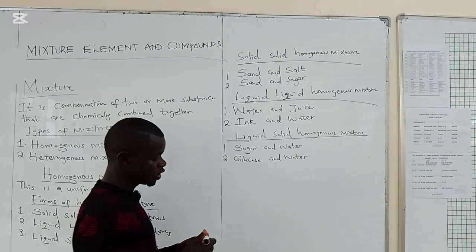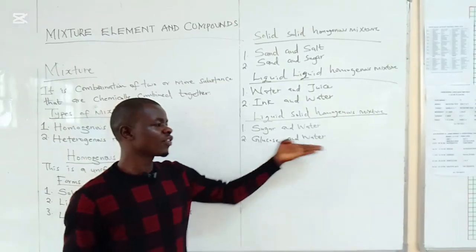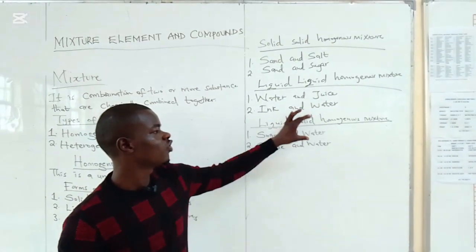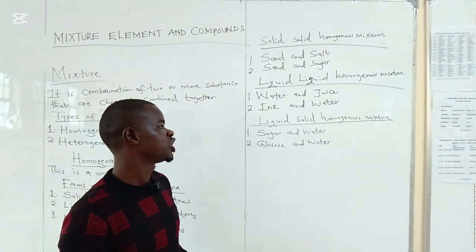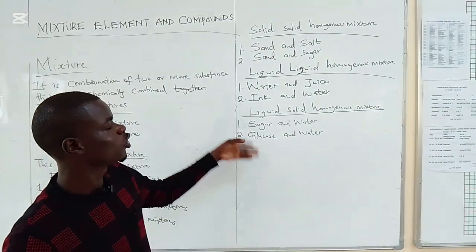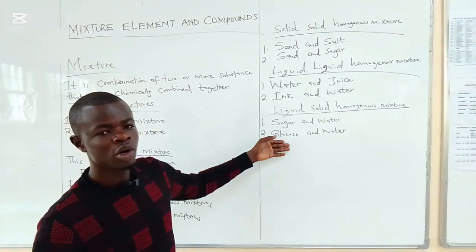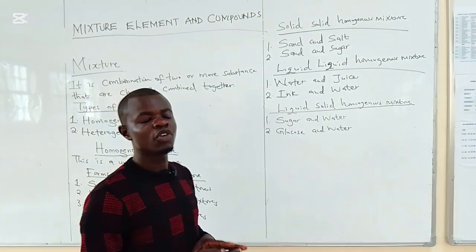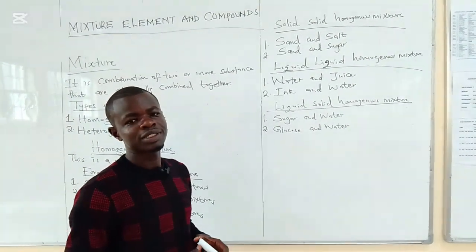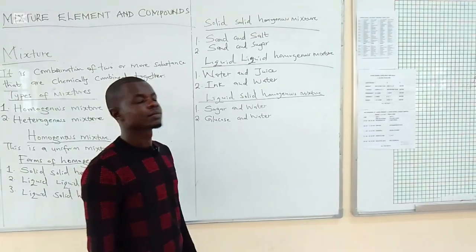So in short, you have to look for a solid substance that can dissolve in water to form a uniform homogeneous mixture. To recap, homogeneous mixture is a uniform mixture, and we need to know the forms of homogeneous mixture.